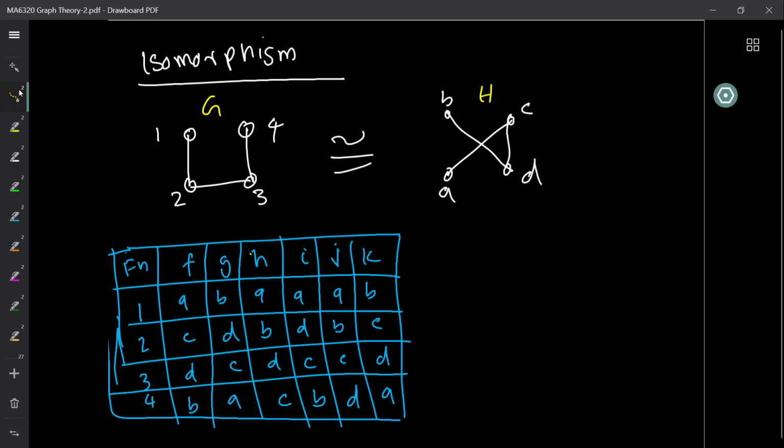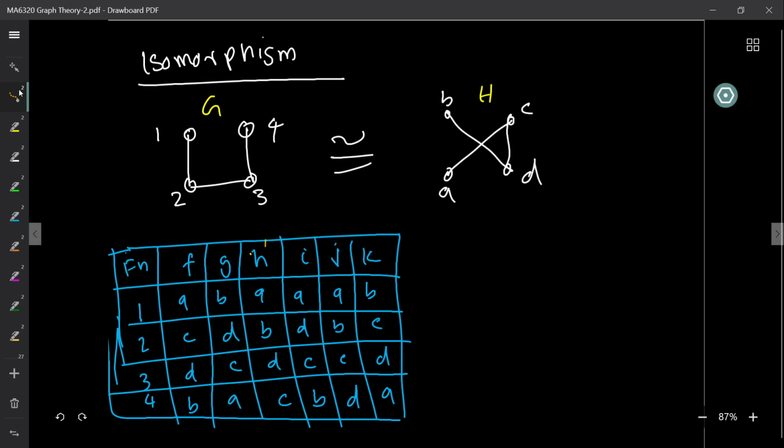You can verify. Is g an isomorphism? Yeah, g is an isomorphism, right? And similarly, you can verify that h, for example, is not an isomorphism. Because h takes 1 to A and 2 to B, right? 1, 2 is an edge in the graph, but AB is not an edge in the graph.